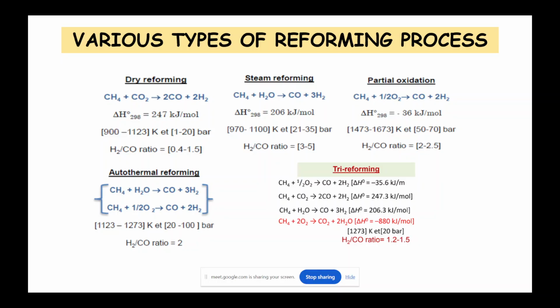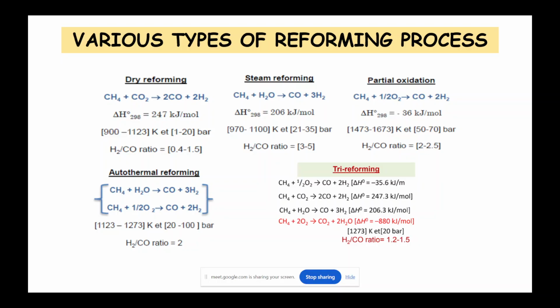If you come to autothermal reforming, over there you typically use both water or steam as well as the oxygen to basically convert CH4 to carbon monoxide and hydrogen gas. And in case of dry reforming, you do not send in steam or oxygen, whereas you send in carbon dioxide itself to form carbon monoxide and hydrogen gas from methane.